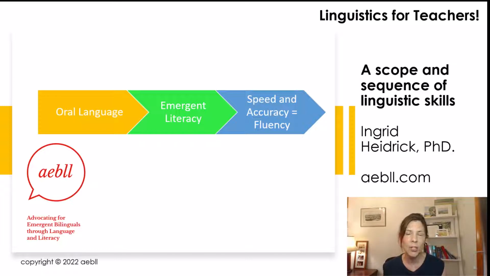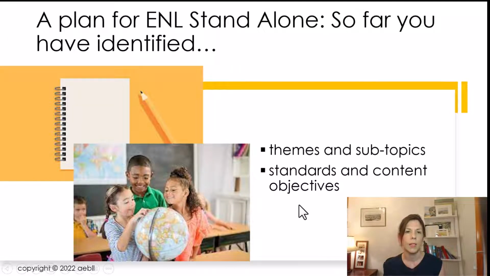Today, I want to talk to you about a scope and sequence of linguistic skills for English as a new language standalone instruction. So in the last couple of weeks that I've been blogging about this, I have created so far a plan for you to identify, number one, themes and subtopics that might be of interest to your students.